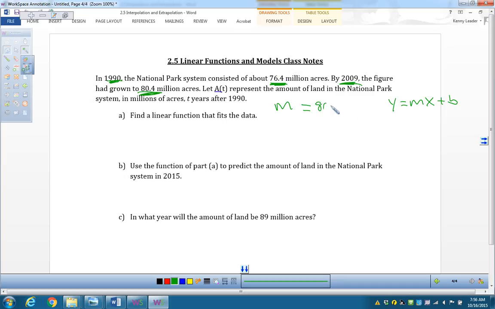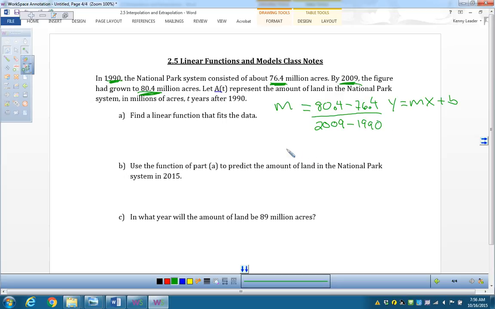So you just put the numbers themselves. You've got 80.4 minus 76.4 over 2009 minus 1990. Now I just have to do the math.